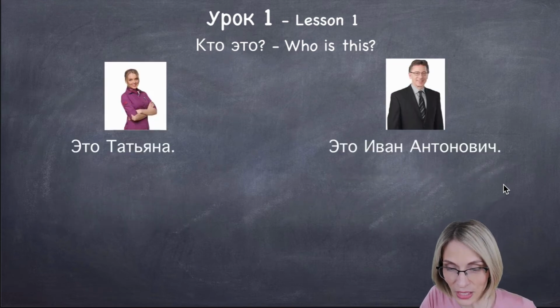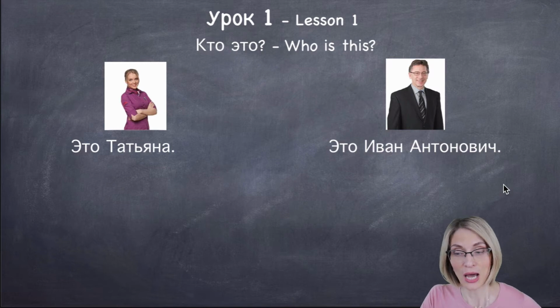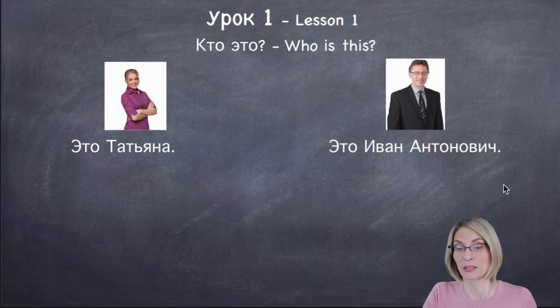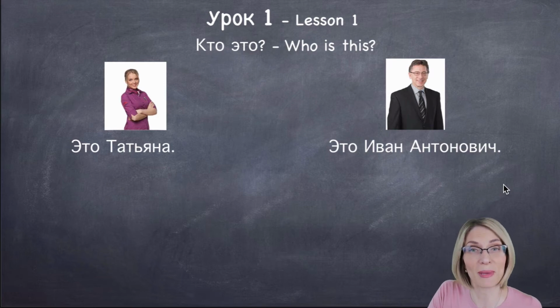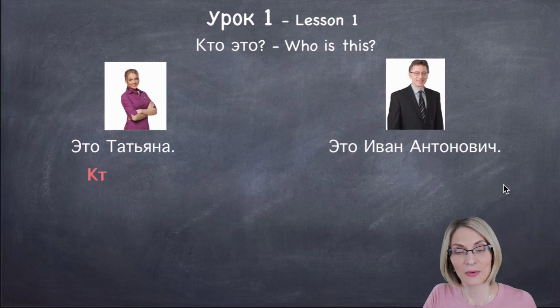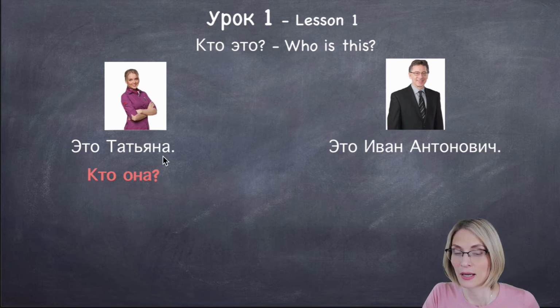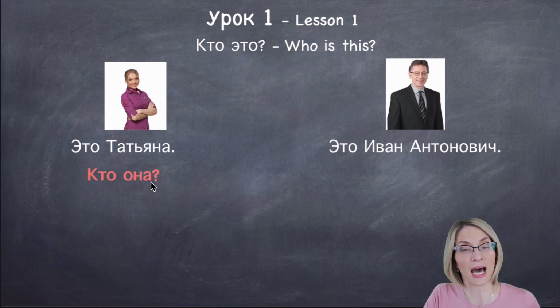Good. Okay, now we want to ask about her. We know that this is Tatiana. We want to ask about her, perhaps a profession, a status, or just more information about her. The way to ask in Russian this kind of information is «Кто она?» If you know the pronoun она means she.